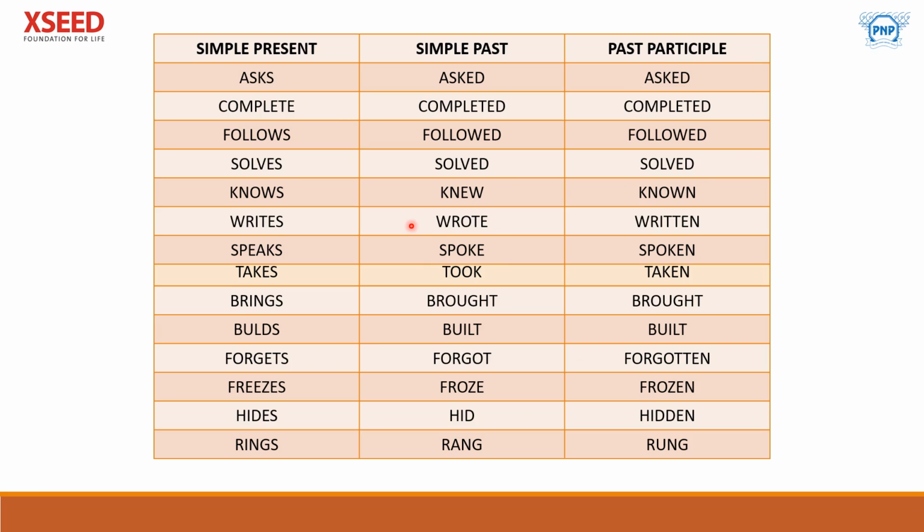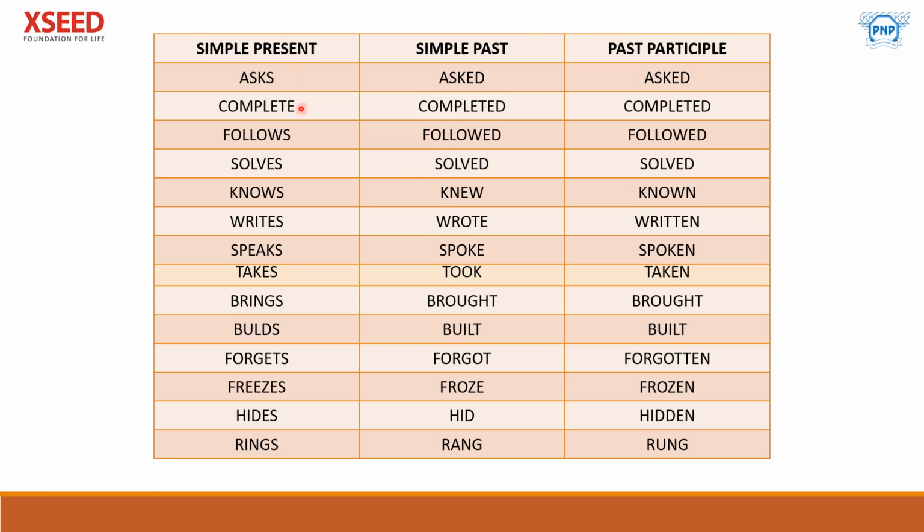You can see here that normally there are three types of verbs which we use: simple present tense, simple past, and the last one, the perfect form, which can be used with present perfect, past perfect, and future perfect also. Look at these tables.